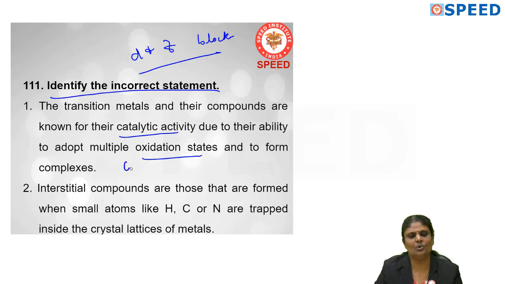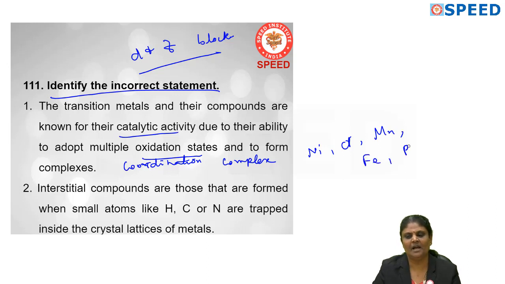Coordination complexes are formed from d block elements, such as nickel, chromium, manganese, iron, platinum. These are involved in the formation of coordination complexes.